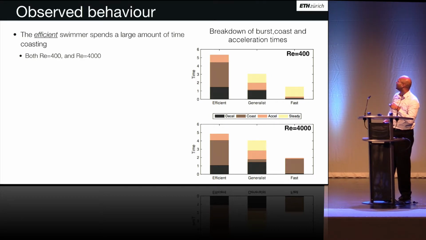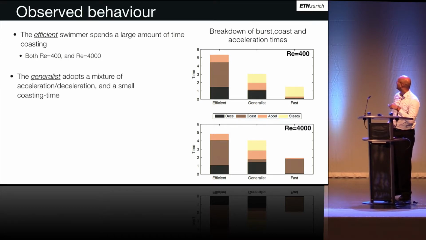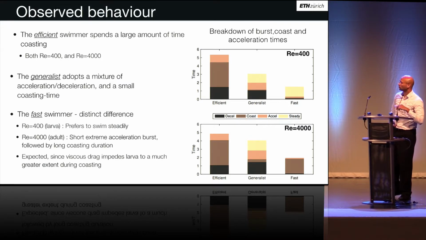That's the light gold. And you spend some time decelerating and accelerating. The biggest difference actually comes in the fast case. We've already talked about the reason why, but here you can see it very clearly. The fast larva prefers to swim steadily, but the fast adult prefers to do a lot of coasting. Okay?